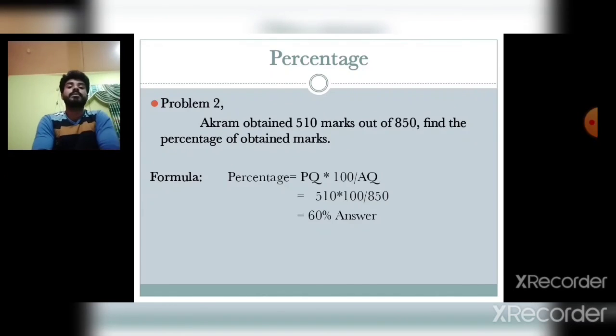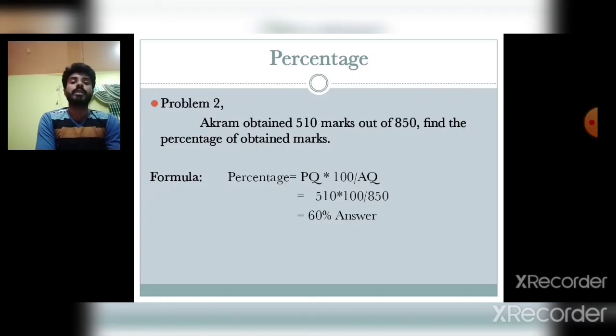Here is the second problem. Akram obtained 510 marks out of 850. Find the percentage of obtained marks. Means here we have to find the percentage. What percent did Akram obtain on these marks?